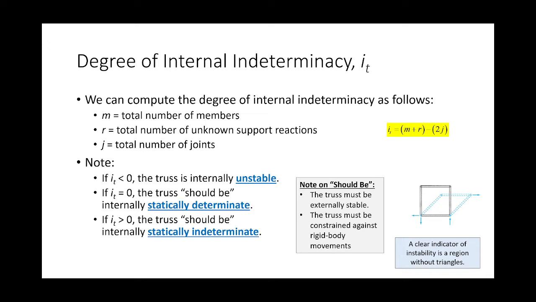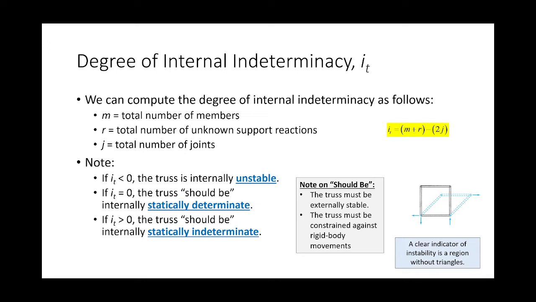But a dead giveaway that the truss is internally unstable is if you see something like this inside the truss, a region with no triangles. Because if there's a region with no triangles, the whole thing just wants to kick over, okay? That would indicate an internal region of instability.